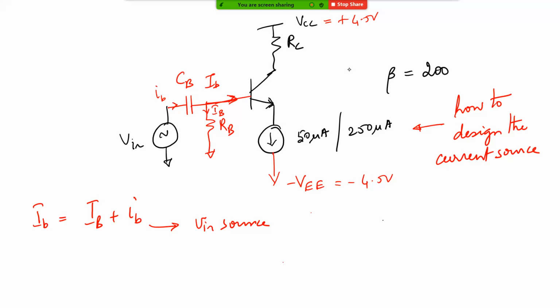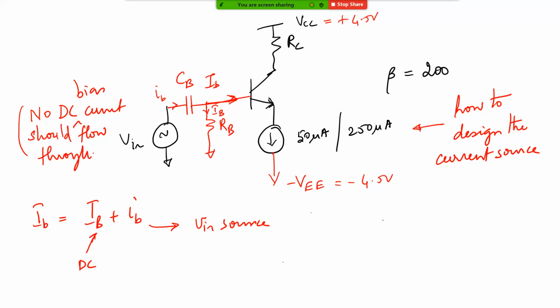So the thing is, this small ib consists of a DC current and an AC current. You don't want to have the DC current flowing through your AC source. No DC bias current should flow through it.